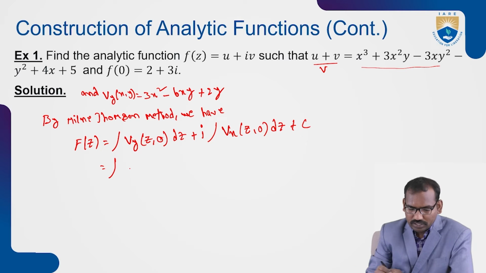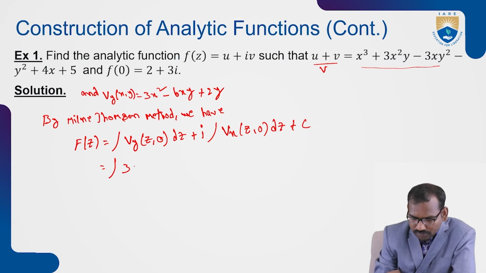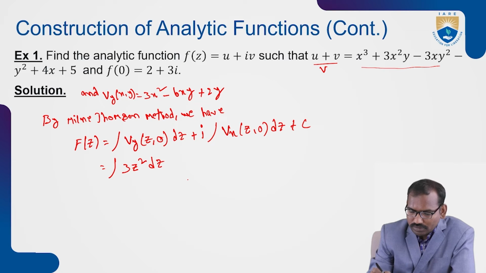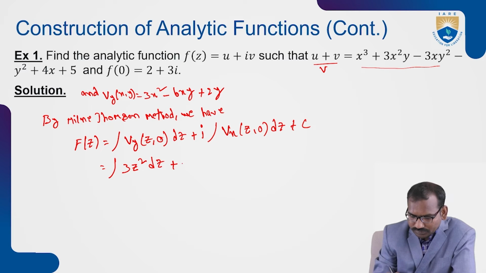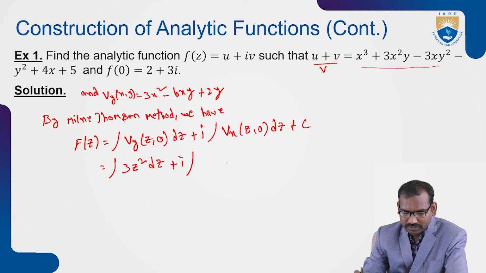Here we already calculated V sub y. In that, x is replaced by z and y replaced by 0. Now you will have only 3z square. Okay, you can see here. Also, what is V sub x?